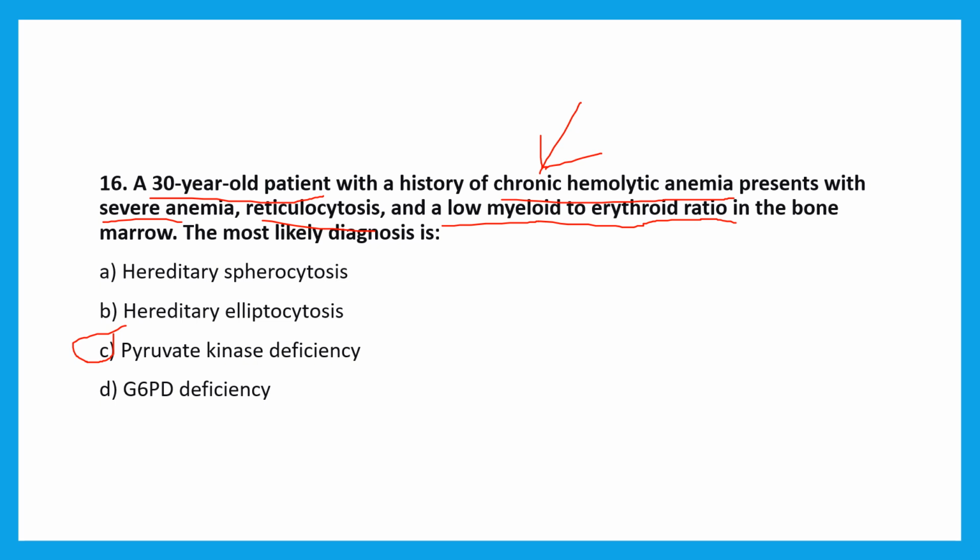The low myeloid to erythroid ratio indicates bone marrow erythroid hyperplasia, which is just a compensatory response to this chronic hemolysis that we've had here. G6PD deficiency, which we're seeing on D, is typically episodic, not really chronic. No.